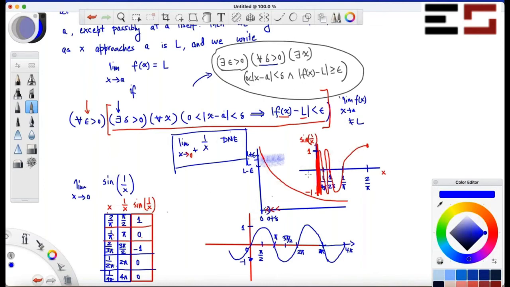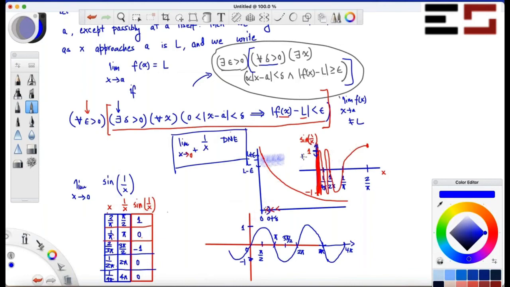So how do you show this? The negation says that there exists an epsilon positive such that, no matter how small a delta you pick, you can always find an x between 0 minus delta and 0 plus delta, but f(x), the image, lies outside this interval 1 minus epsilon, 1 plus epsilon.